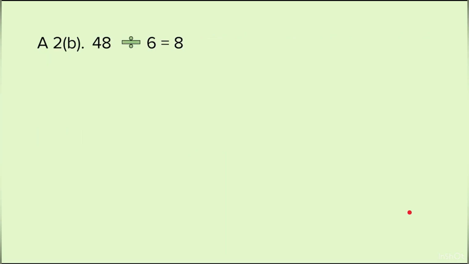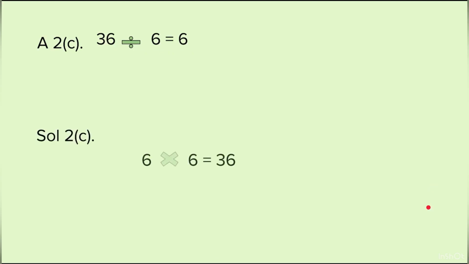B. 48 divided by 6 is equal to 8. We have to find the corresponding multiplication fact, which is 6 into 8 is equal to 48. C. 36 divided by 6 is equal to 6. So the multiplication fact for this is 6 into 6 is equal to 36.